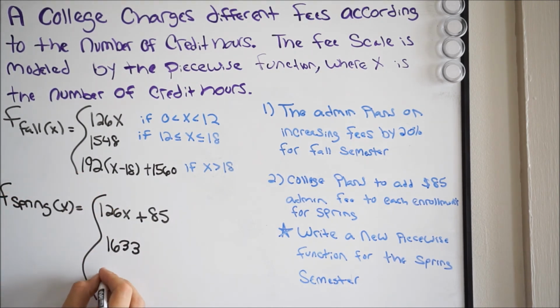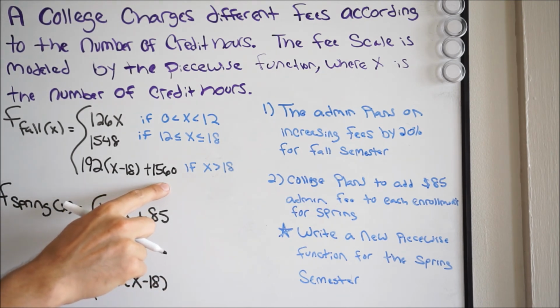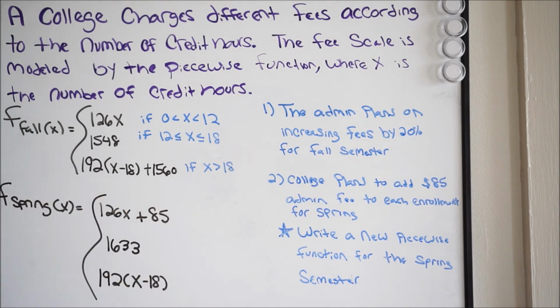We have 192 times x minus 18, and then plus 1560. But again, we're adding 85, so 1560 plus 85, and we get 1645. So plus 1645. Let's go ahead now and write our rules in here, and then we will be done with this problem.